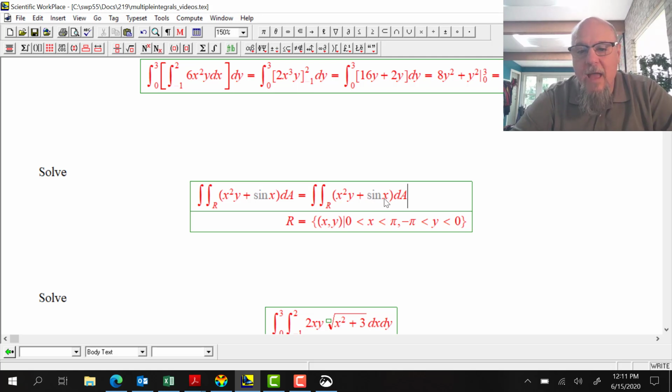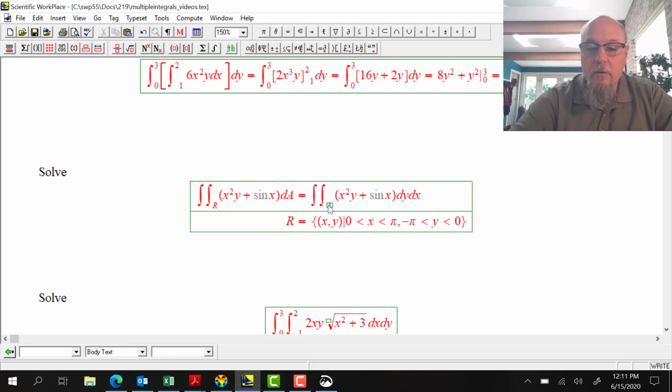Sine x is a constant, so that would just be sine x times y. So integrating with respect to y, I could do that, no worries. Could I integrate with respect to x? Yeah, I could. So I don't see any reason to pick one over the other. So I'm going to arbitrarily pick y first.